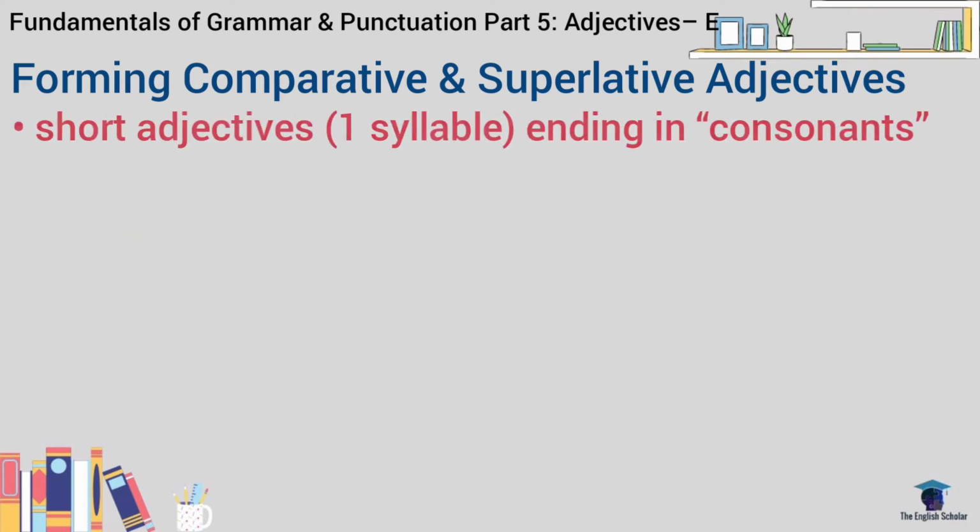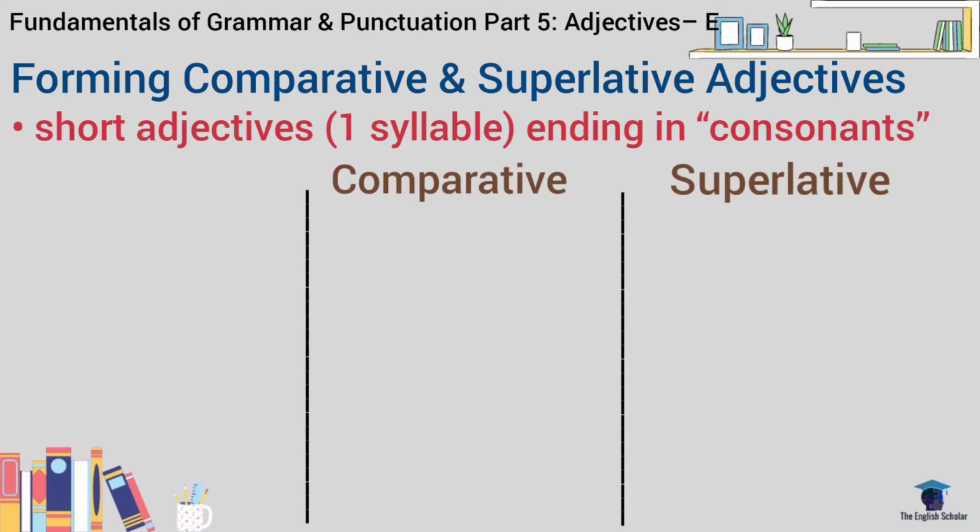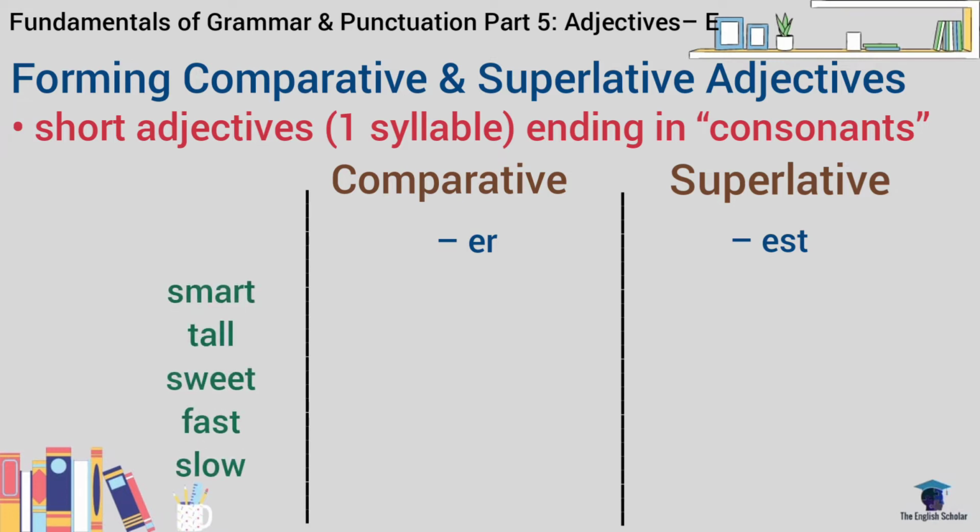For short adjectives, which means adjectives that have only one syllable, that end in consonants, we add er for comparative and est for superlative after the adjective. Examples: we have the adjectives smart, tall, sweet, fast, and slow. If you notice, all of these adjectives end in consonants.